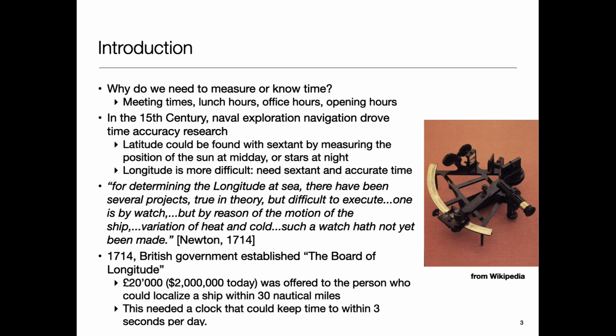And why is that? Anyone? How can time tell you longitude? Sunrise, sunset. Yeah, or noon, so you can look at the peak sun position and at what time it was happening. Okay, so you could.